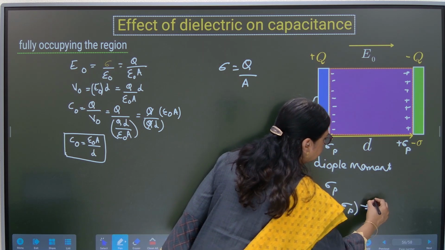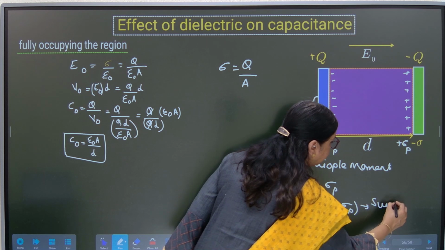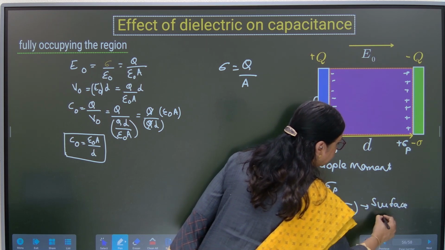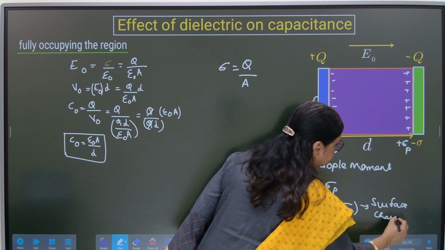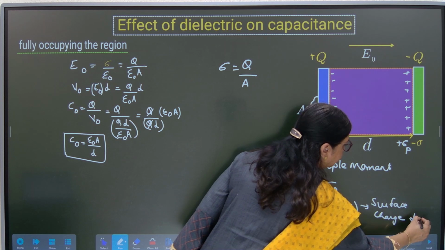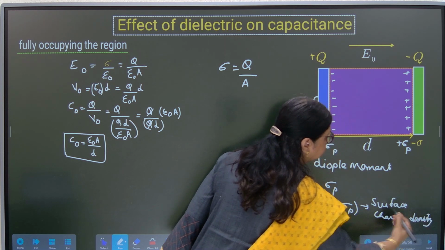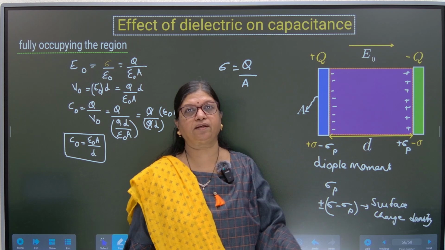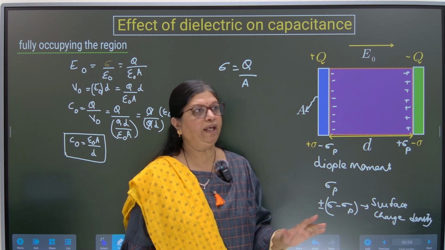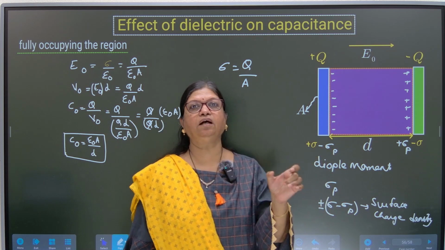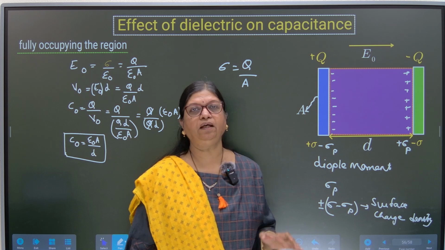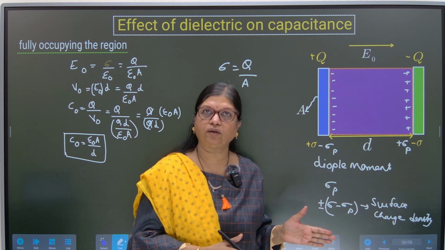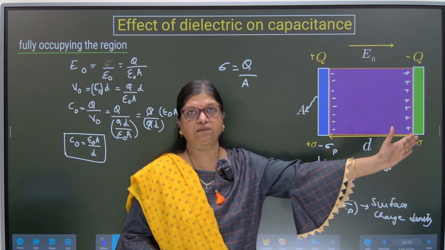What is this? The new surface charge density. And what is this process called? Polarization of dielectric, where sigma p is the surface charge density which adds on to the plates.